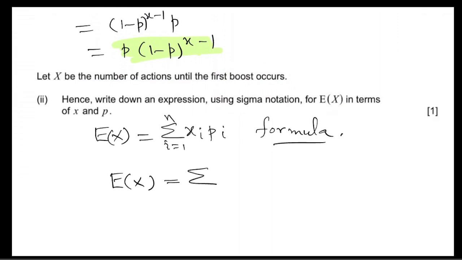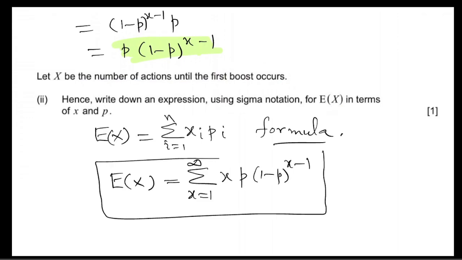We don't know when it will occur, so x is from 1 to infinity, x meaning 1, 2, 3, 4. p is the boost, and 1 minus p to the power x minus 1 will be no boost. So the x action will be a boost, and when that x action occurs, we don't know. Therefore, this is the answer for this part. I hope you understood this.